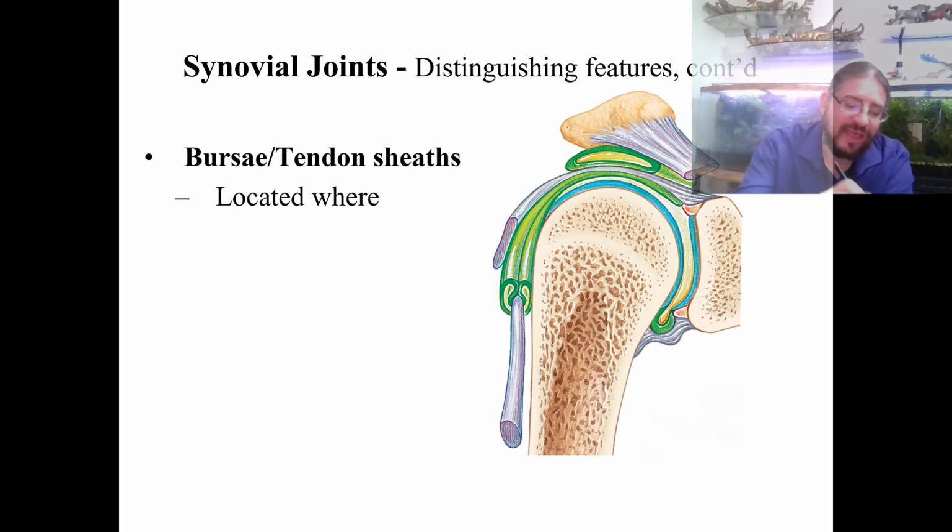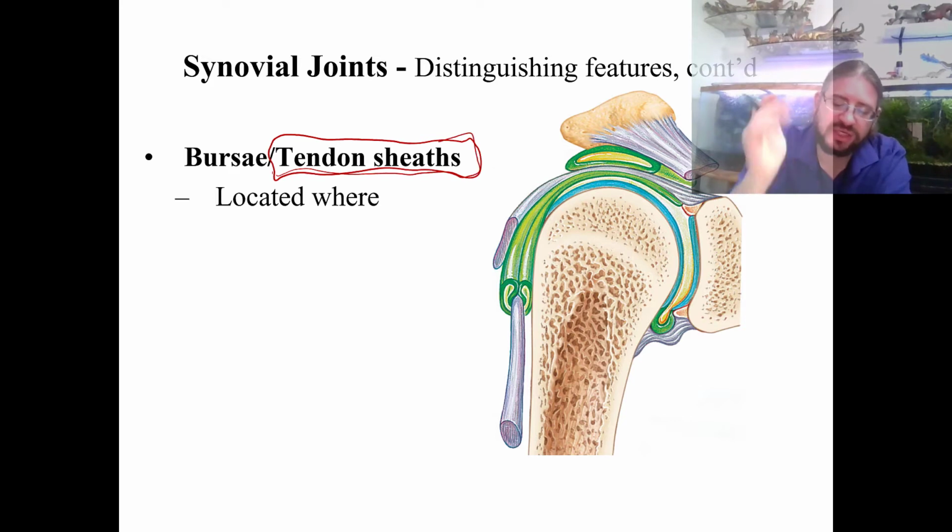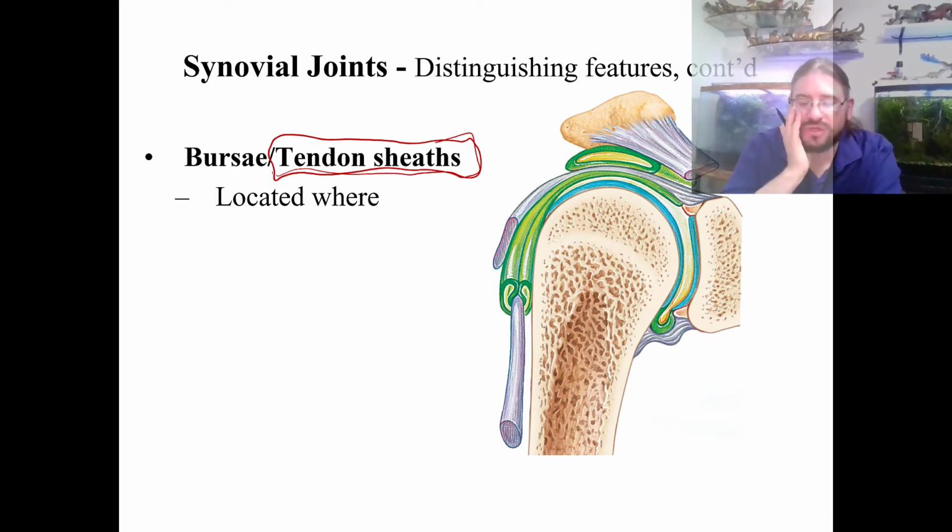So we have tendon sheaths, right? Tendon sheaths will reduce friction when tendons have forces exerted upon them. So here you can see a ligament right here. And then in green, we have our tendon sheath.